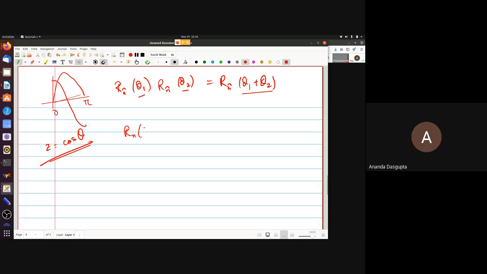I would have ended up with Rn(z1) Rn(z2) being Rn of cos of (cos inverse z1 plus cos inverse z2), which you can of course work out. That's z1 times the square root of 1 minus z2 squared, plus z2 times the square root of 1 minus z1 squared.